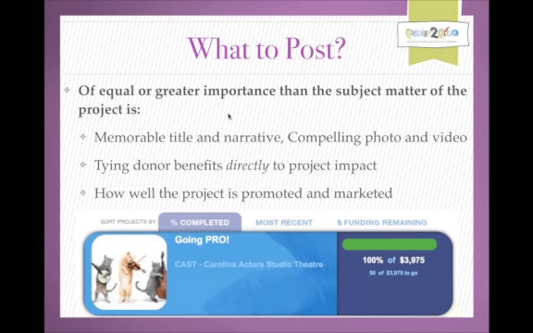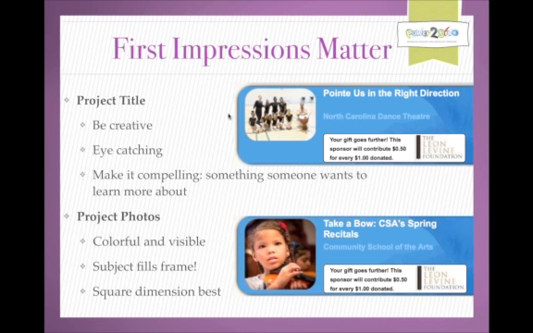It was rather funny. Got it fully funded, worked out very well. Again, first impressions matter. Being creative with the title, make it eye-catching, point us in the right direction here for toe shoes for a ballet company.